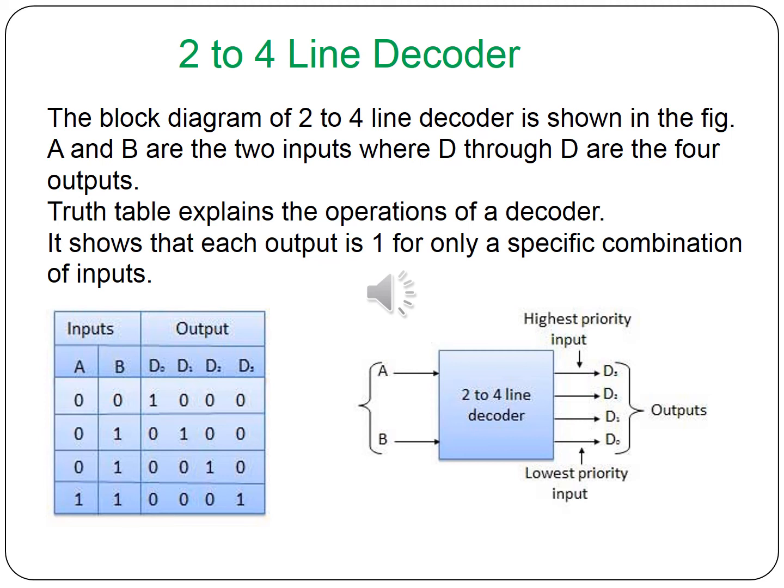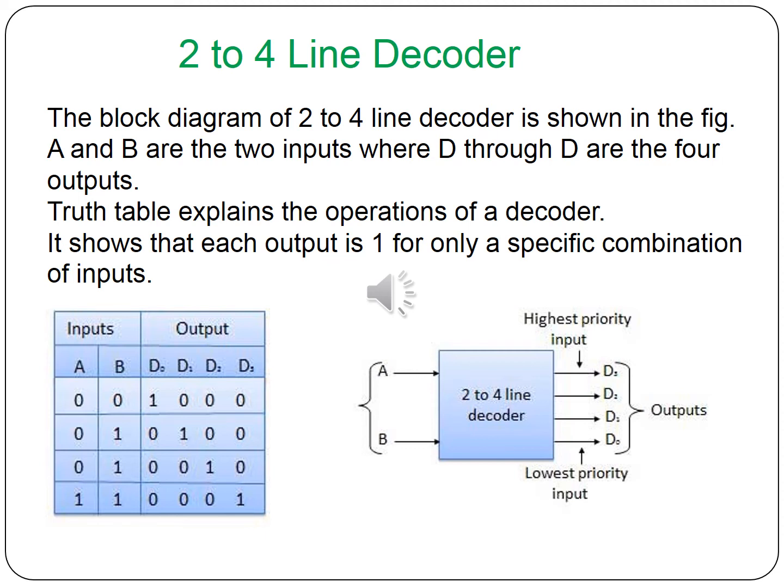The truth table explains the operation of the 2 to 4 decoder: the output is only available for specific combinations of the input. Here the outputs are D0 to D3, so this is a 2 to 4 line decoder with outputs D0, D1, D2 and D3.